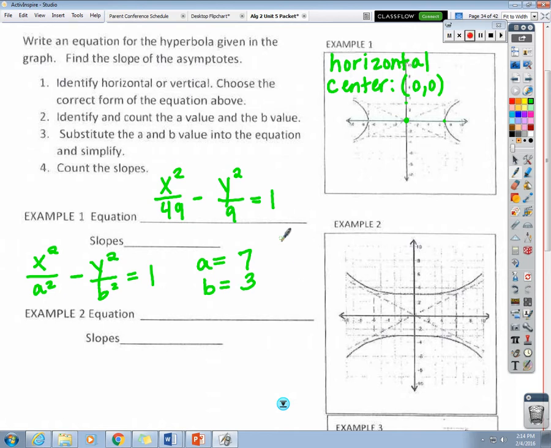Okay, but we also have to give the slopes of these asymptotes. Well, there's a formula for it. See over there, it says horizontal. Right here, these three equations are for horizontal hyperbola.